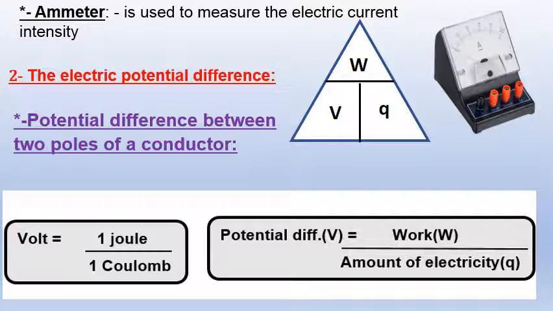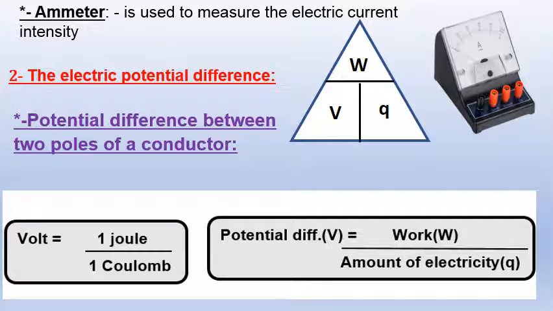So how can I define the volt? As we did in electric current intensity, start with volt is, yes, it is a measuring unit of potential difference. So I will start my definition by volt. It is the potential difference between the two terminals of a conductor when the work done equals 1 joule to transfer an amount of electricity equal to 1 coulomb.